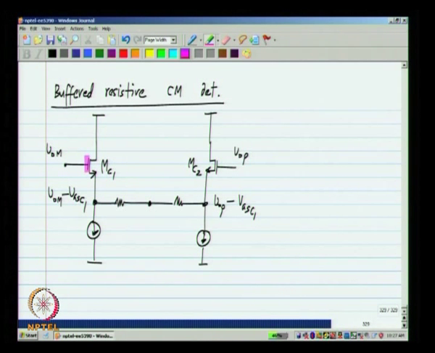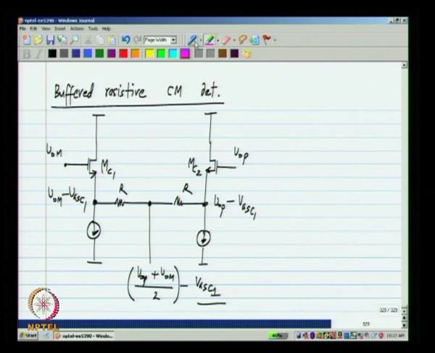I will assume that for now there is no body effect in these transistors. So, the detected voltage here at the output will be VOP plus VOM by 2 minus VGS C1. Okay. So, it is related to the common mode voltage, but it also has a level shift which is the same level shift of the source follower buffer.